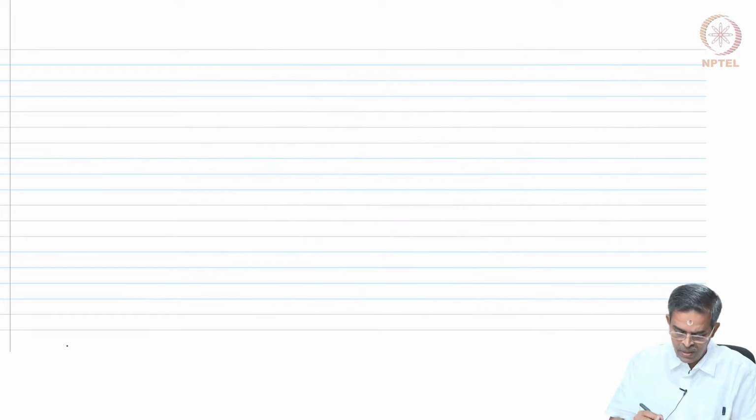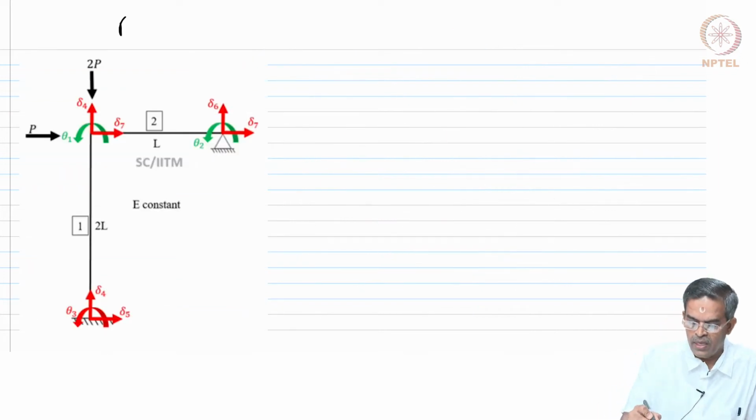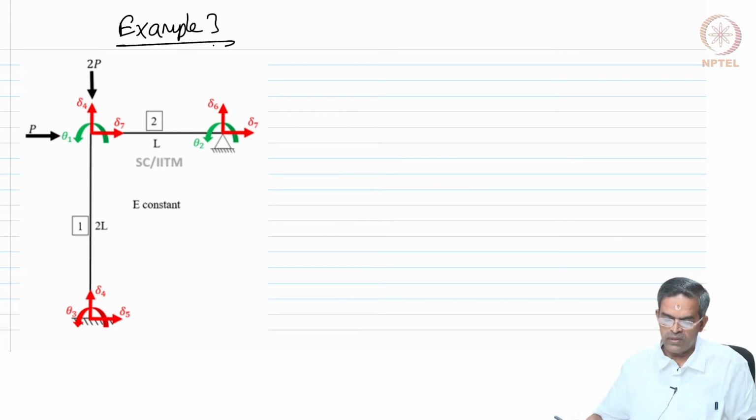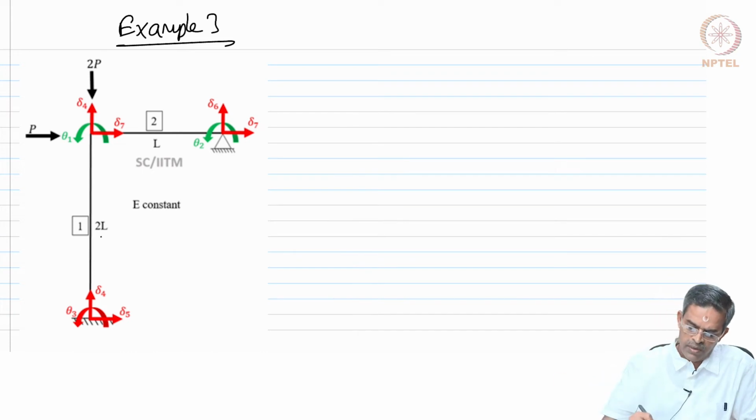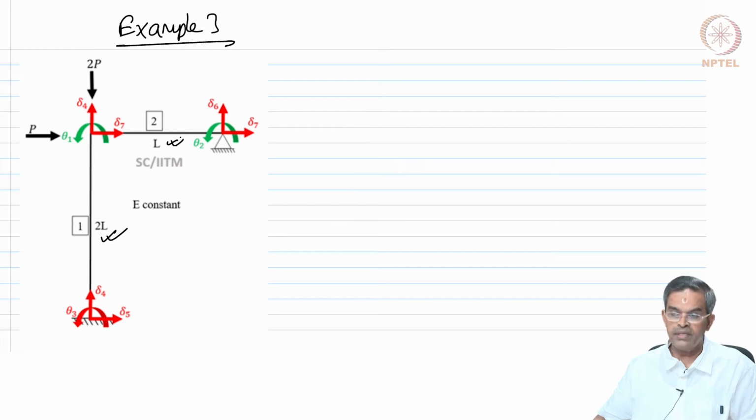Okay. Having said this, let us go to example 3, as you see on the screen here. So, this example is about an orthogonal frame. It has got 2 members. One member is having length 2L, the other one is L. We have marked the degrees of freedom, as you see here.